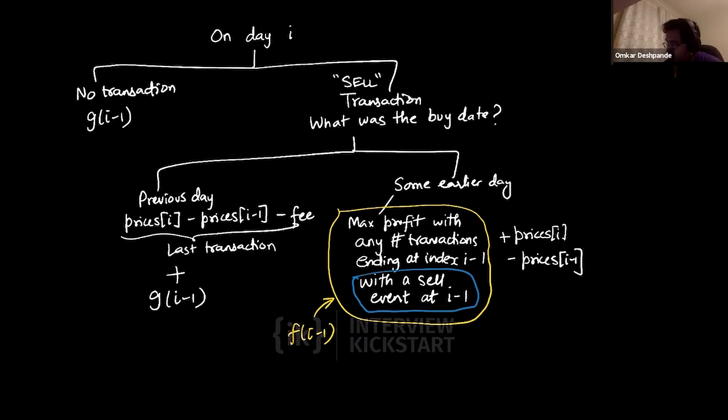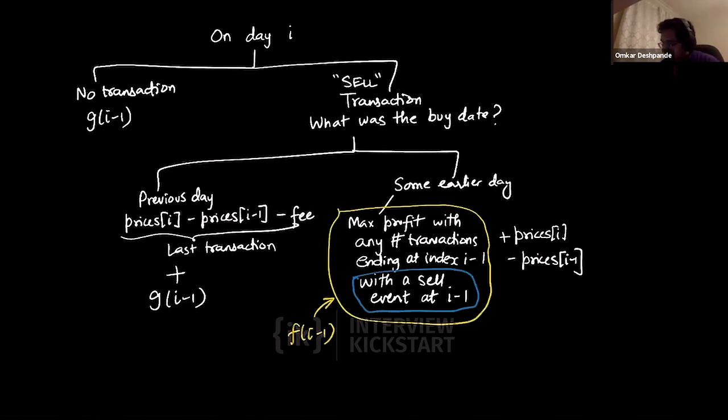So that means g of I can be written as the max of these three. G of I can be written as the max of g of I minus 1 and the max of these two. Now we'll do the same thing as we did in the earlier problems. The delta in the price is common. Now whether we add f of I minus 1 to it or whether we add g of I minus 1 minus phi to it depends on which of those two is bigger.